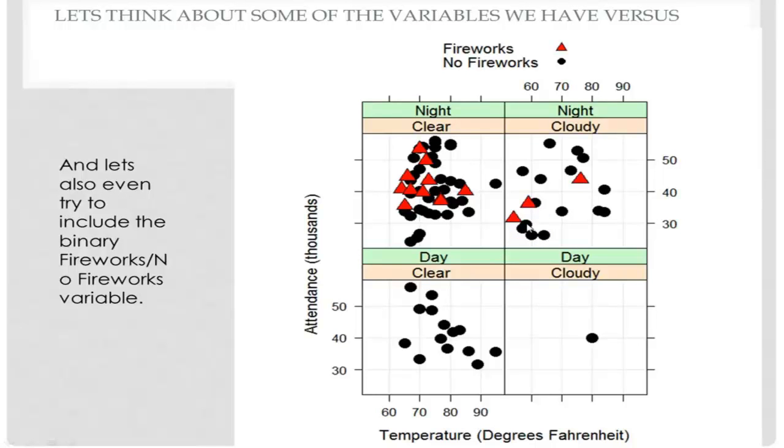Anybody able to get any information out of this graph? So there are more fireworks... All right, okay, that was good. There's more fireworks on clear nights rather than cloudy nights, which makes sense, I guess. Anything else? Anything else this table tells us?